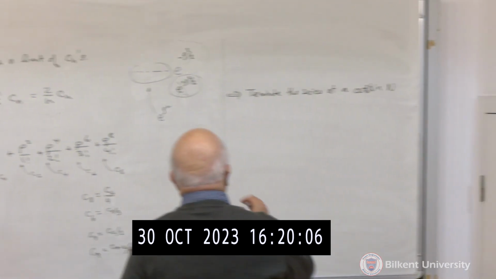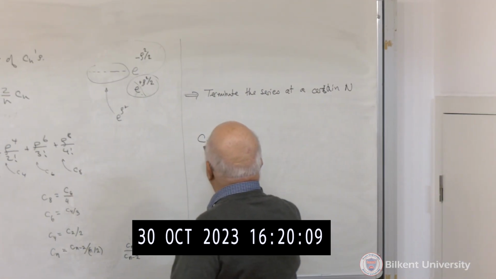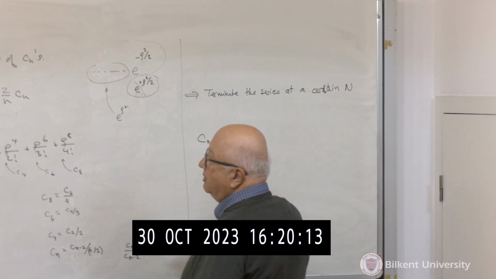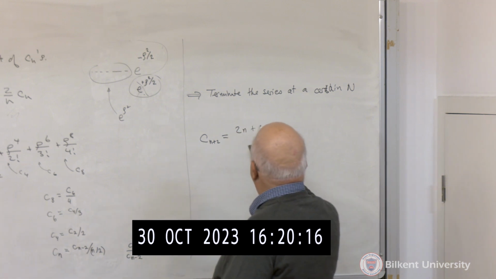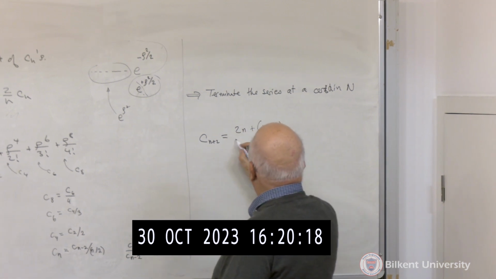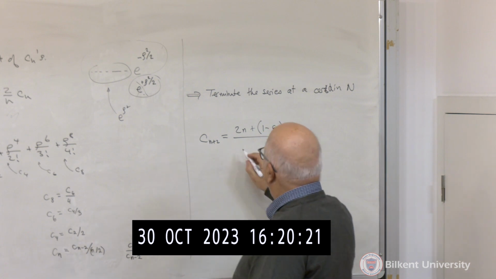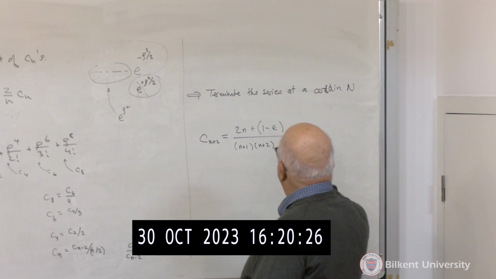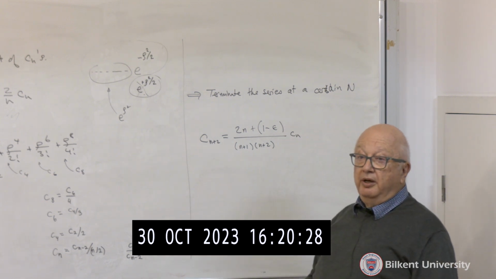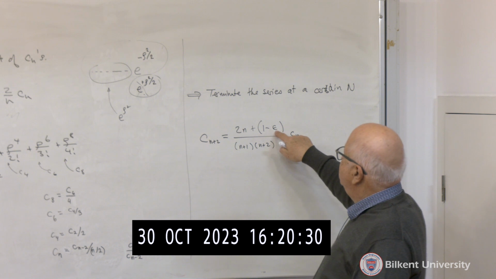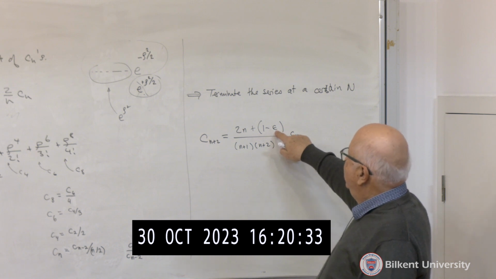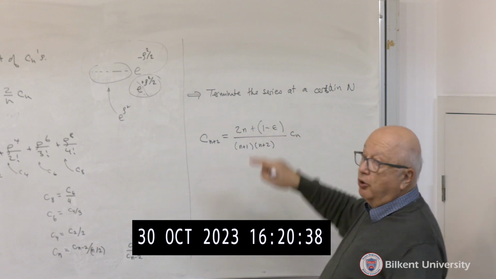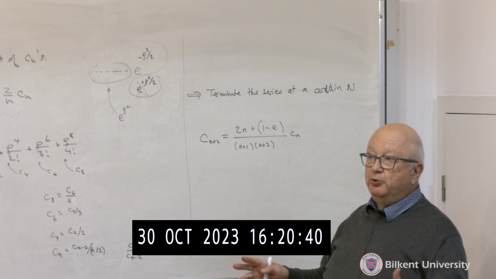Well, we have this C_{n+2} is equal to (2n plus 1 minus epsilon) divided by (n plus 1)(n plus 2), times C_n. If I choose epsilon in such a way that this numerator becomes 0, the series is terminated, right?